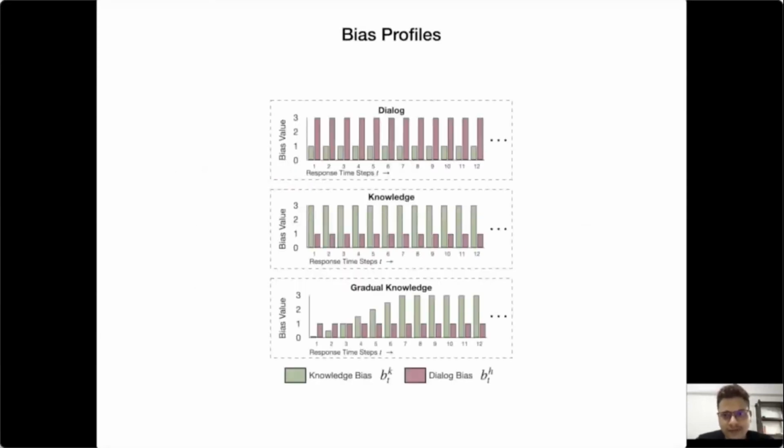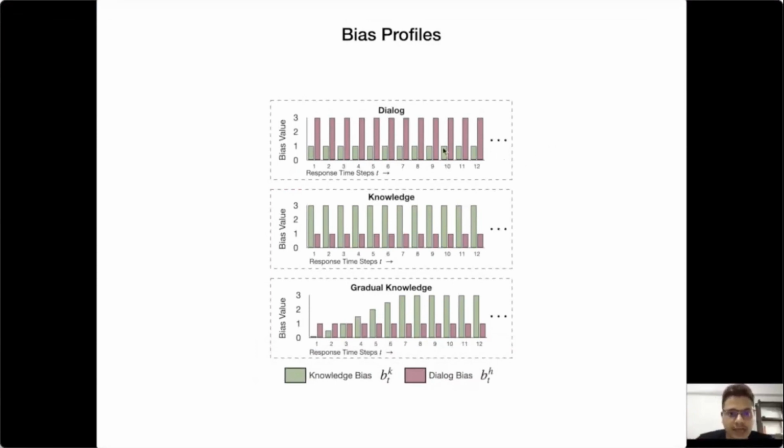So to explore this further, we design three kinds of bias profiles. The first two profiles are time independent. So irrespective of which token is being sampled or generated for the response, the biasing is going to be the same.